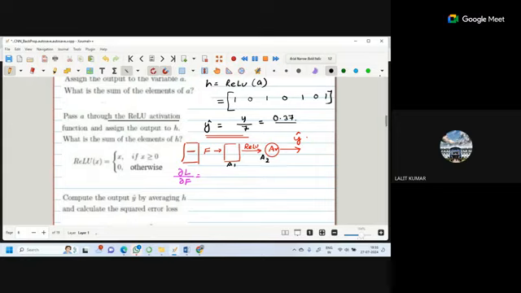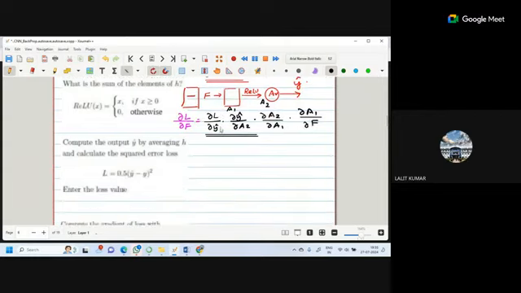This will become del L by del y hat, del y hat by del A2, del A2 by del A1 and del A1 over del F. In the question, the loss is MSE, so straight away del L by del y hat becomes y hat minus y.